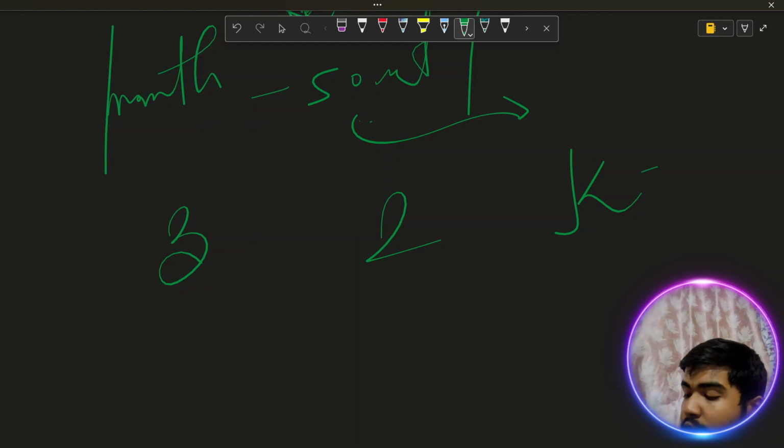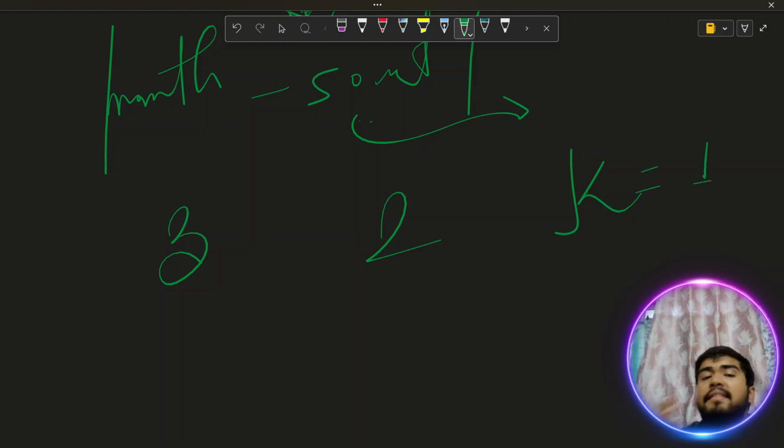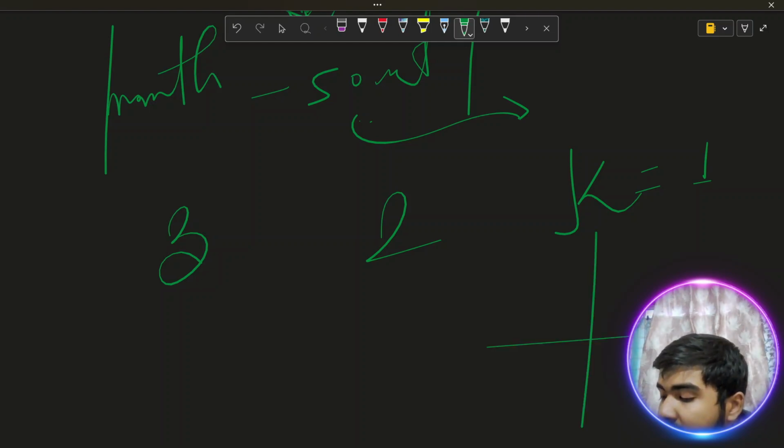Let's suppose k equals 1. Currently, what is my resultant Manhattan distance from the origin? It is nothing but 3 minus 2, because I am going plus 3 up, then minus 2 down. So my resultant becomes plus 1.